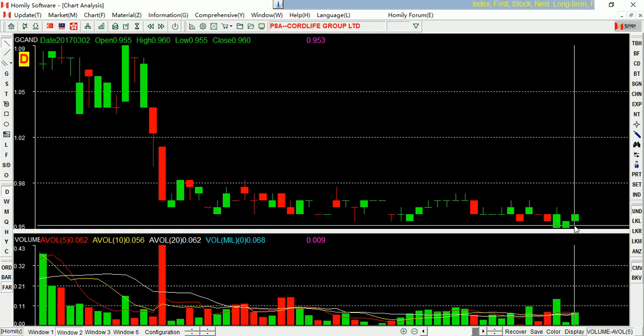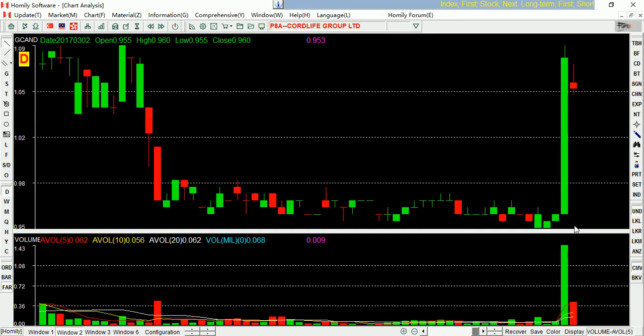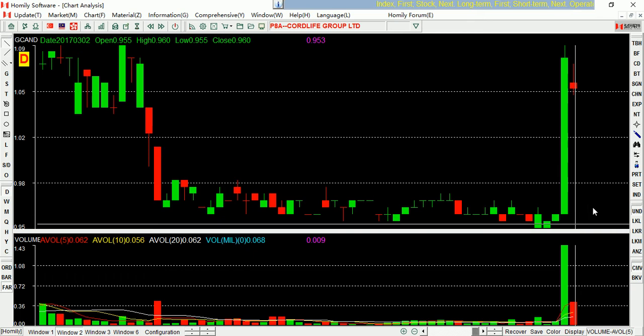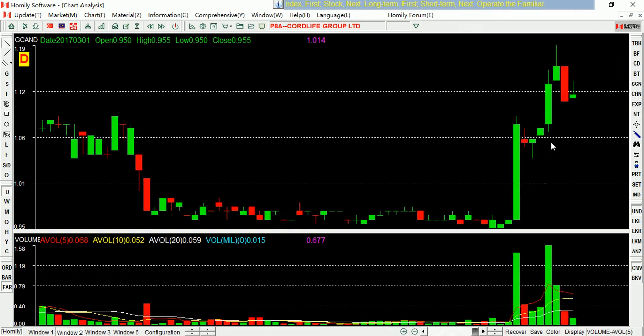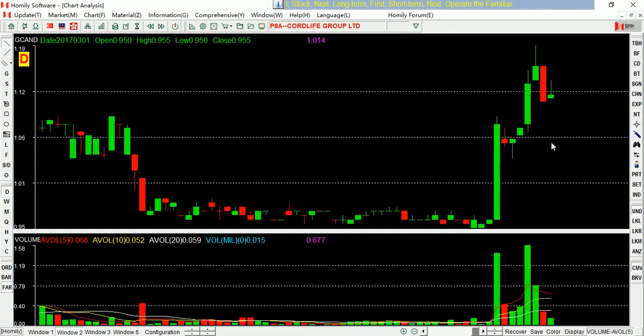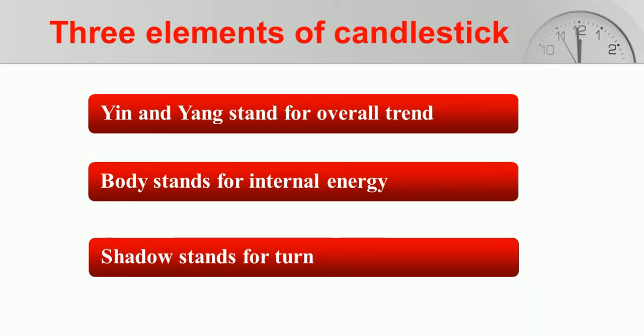It's good. Okay, so the price soar. Then we can see next day the price drop, but only 1 bearish candlestick. The trend is still uptrend or downtrend? Uptrend, so you still can keep it, okay? So this one is for the candlestick. You can judge the overall trend according to the Yin and the Yang candlestick.